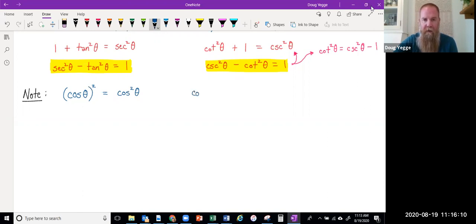One thing to note here is that cosine squared theta is not equal and cannot be written as cosine theta squared, because now it looks like the exponent is above the theta, which would mean that we're squaring the angle and then taking cosine of that value, which is going to be much different than cosine squared theta. Okay, so let's take a look at an example.